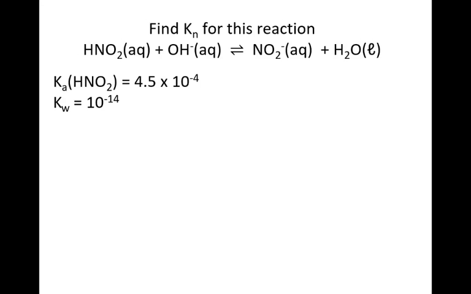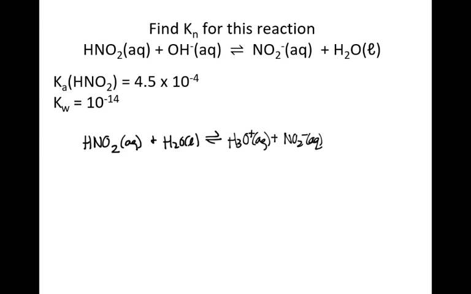Okay, so let's find the Kn value for this reaction based on Ks we already know. We know that Ka for HNO2 is 4.5 times 10 to the minus 4. Now the Ka reaction is that HNO2 reacts with water to form H3O plus, because it's an acid, and NO2 minus, the conjugate base.